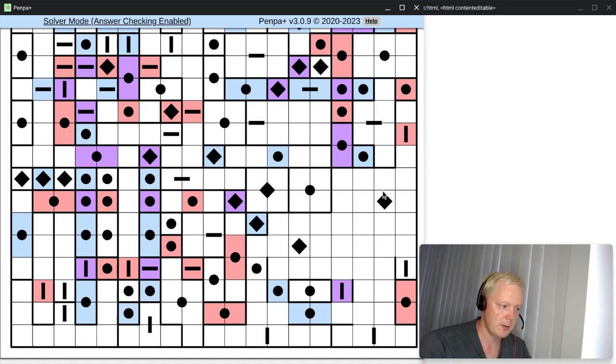Can it not be part of it? I don't think it can be part of this horizontal bar. So it would have to take this cell and this cell without this cell and without this cell. Now it can still get around it, taking all of these cells.